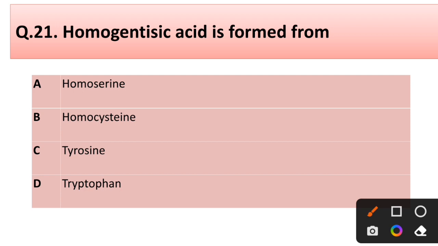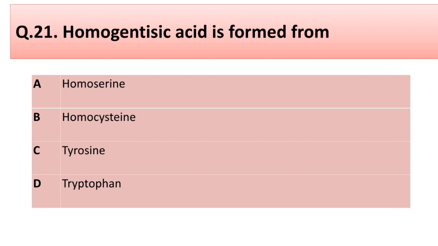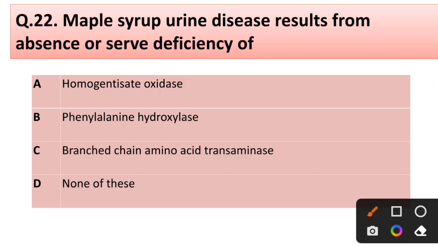Question number 21. Homogentisic acid is formed from homoserine, homocysteine, tyrosine, tryptophan. Correct answer is option C, tyrosine. Question number 22. Maple syrup urine disease results from absence or deficiency of homogentisate oxidase, phenylalanine hydroxylase, branched chain amino acid transaminase, none of these.